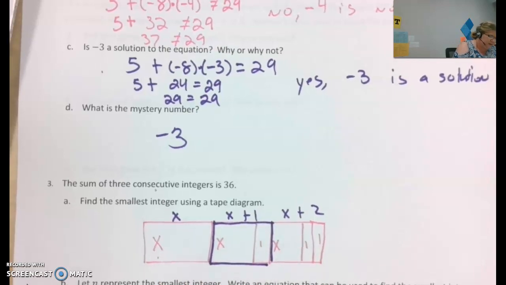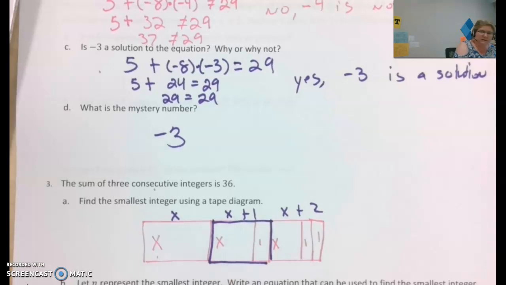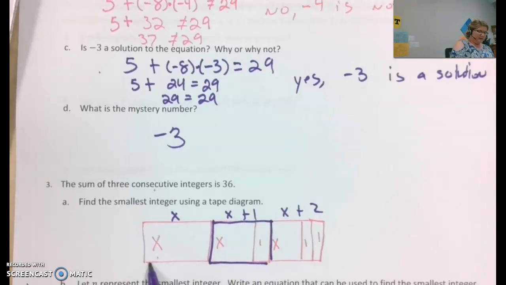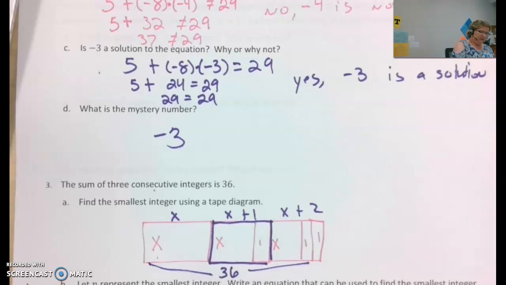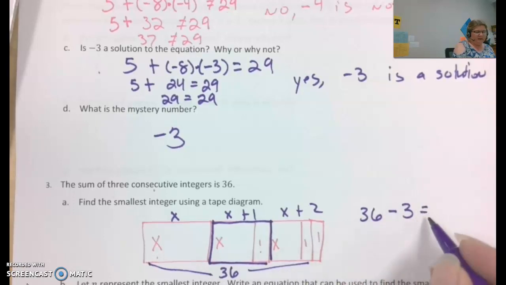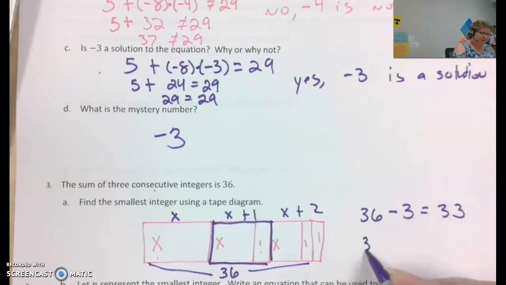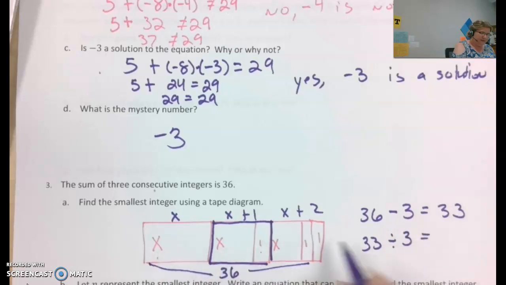Smallest, middle, largest. Okay, so what we're going to do now is look at these and see that their sum is 36. So I could kind of solve it now. I could say 36 minus the 3. And that leaves me with 33, divided amongst the 3 x's would be 11.